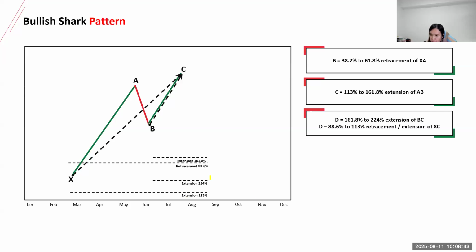This is the zone. Then you will get the PRC zone right here.